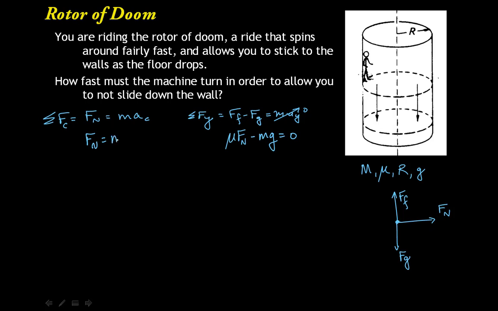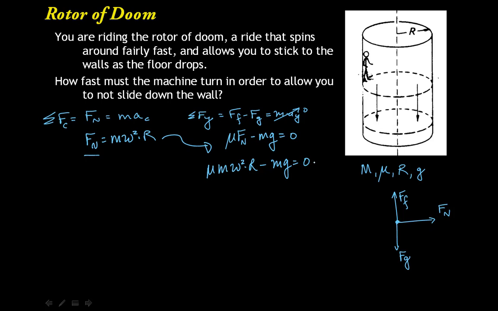So I'm going to use m omega squared times r for my centripetal acceleration this time. And as you can see, it's almost already set up. Our centripetal equation is already solved for the normal force, so we can just sub this into our y equation, which turns into the coefficient of friction times m omega squared times r minus mg has got to equal 0.